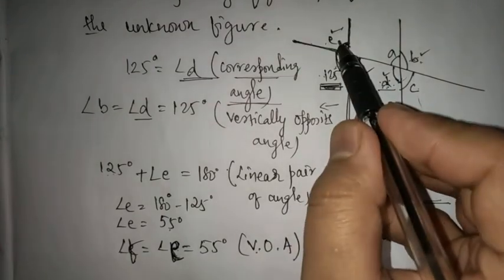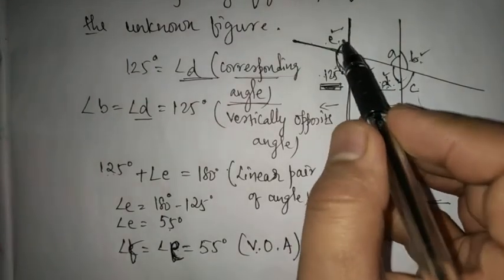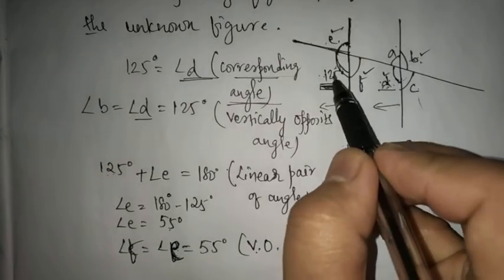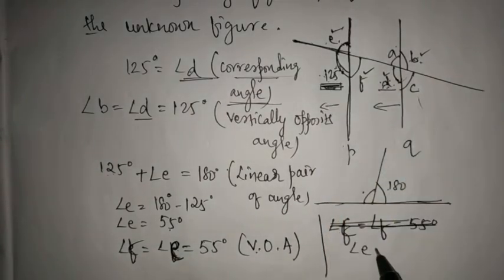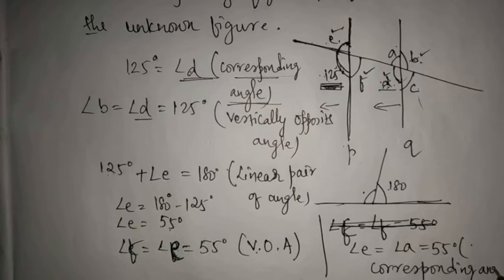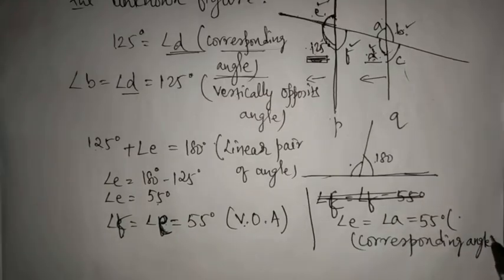When you know angle E is equal to 55, you can see in this condition, similar to this condition, this is corresponding angle here. So angle E is equal to angle A is equal to 55 degree. Why? I am writing here, corresponding angle, right? This is due to corresponding angle.